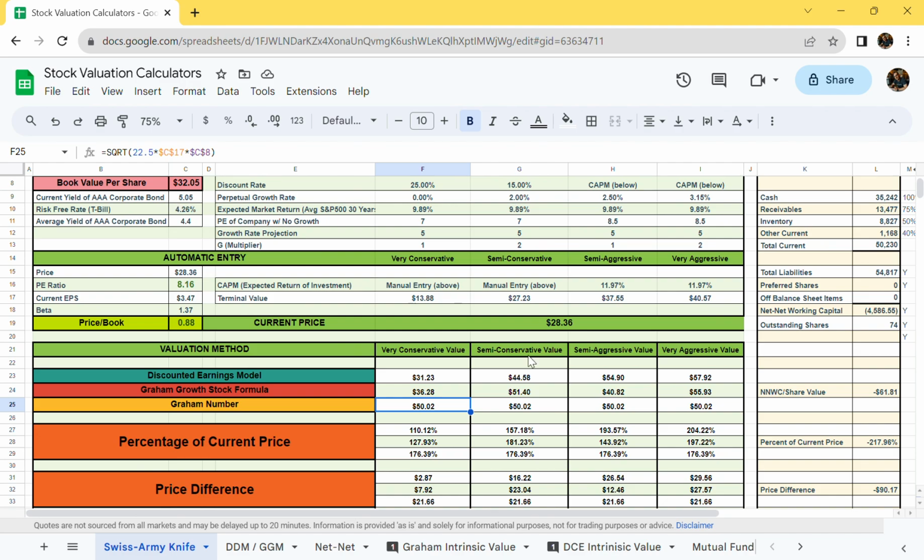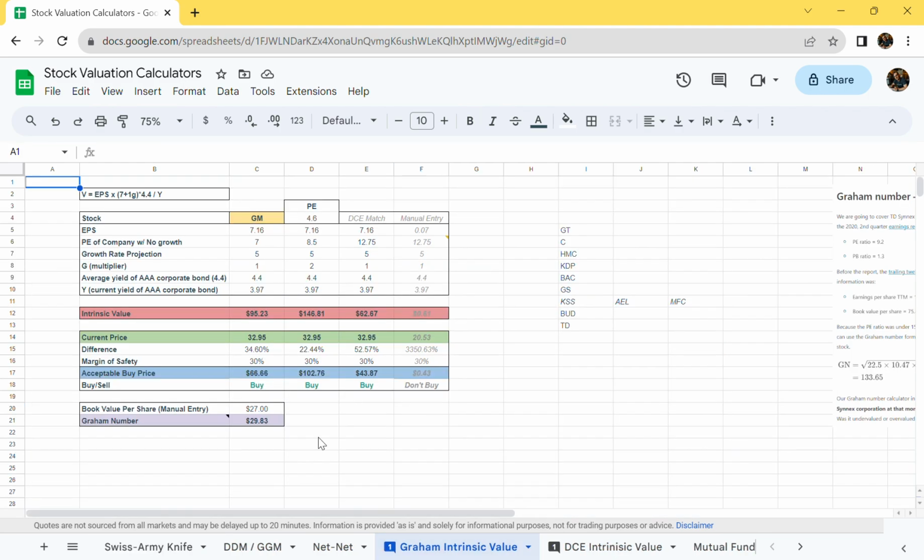Now, the Graham growth stock formula was one I was really interested in early on. I'd made this nifty little tool, and it's based off of this formula. This is actually Benjamin Graham, the father of modern value investing, and Warren Buffett was his protege. He wrote The Intelligent Investor. He wrote Security Analysis. These are foundational texts on value investing.